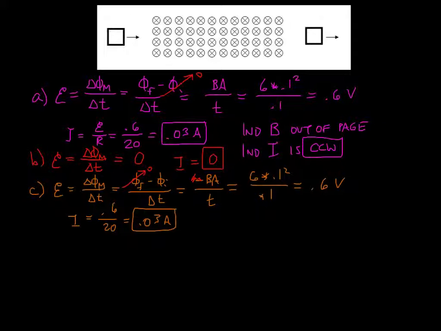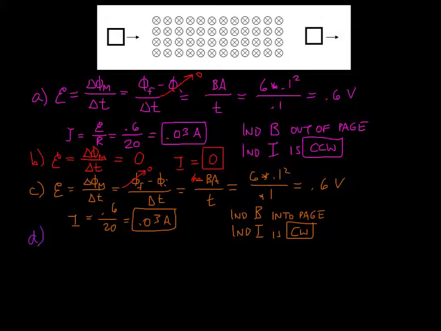What's different now, though, is that as it's exiting the field, the induced magnetic field is going to be in the same direction because the field's getting weaker. So the induced B is into the page, and using your first right-hand rule, that means that with your fingers pointing into the page, the induced current in the direction of the thumb is clockwise.